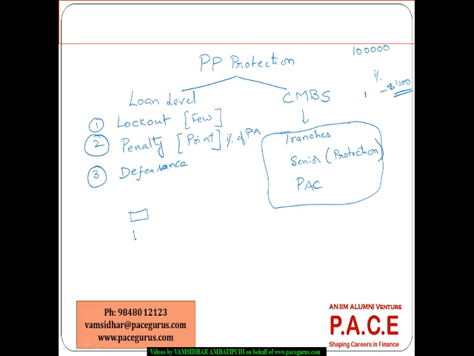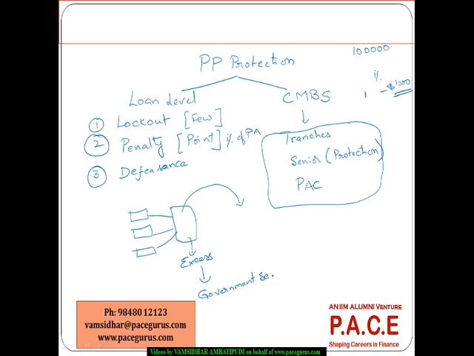Let's say the borrowers have done some amount of prepayment. So instead of passing on all these prepayment amount to the CMBS investors, it might very much be possible that there is a defeasance that is occurring, which means this entire amount, whichever is the excess prepayment, whatever has been received, is invested in government securities.